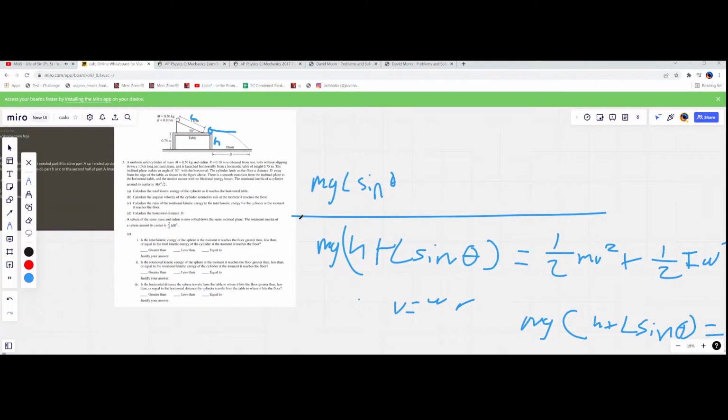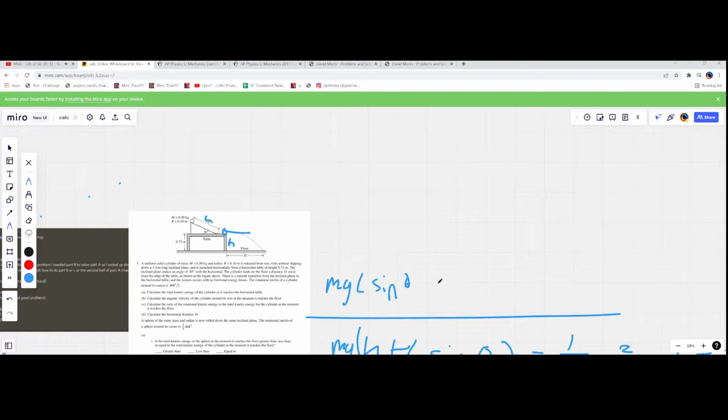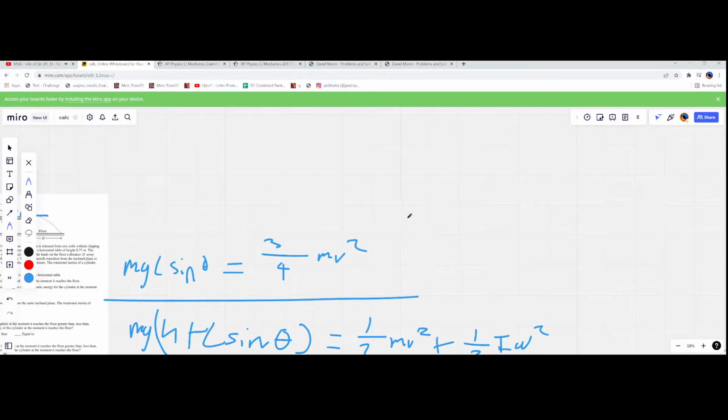So let's just go ahead and do that. So the linear velocity, you have mgL sine theta is equal to 3/4 mv squared. So you have that v is equal to the square root of 4/3 gL sine theta.